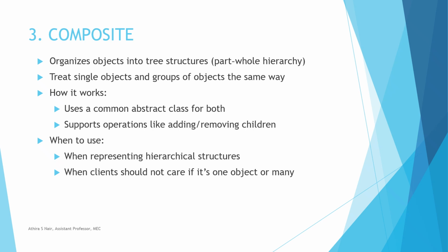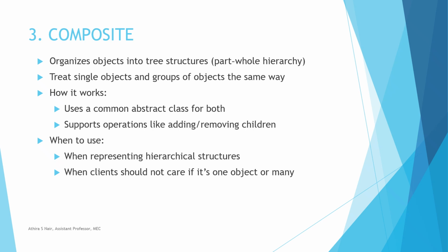Next type is composite. This pattern composes objects into tree structures to represent part-whole hierarchies. So composite lets clients treat individual objects and compositions of objects uniformly. The key to the composite pattern is an abstract class that represents both primitives and their containers.